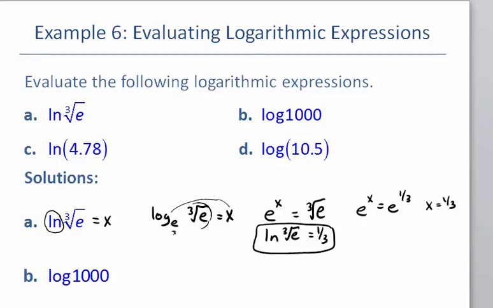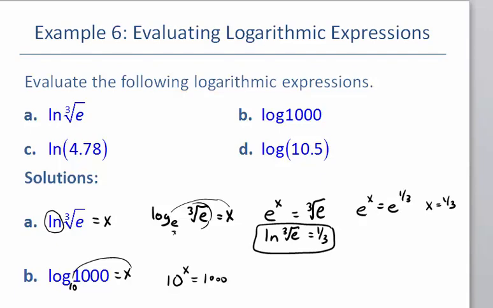Okay? All right, so let's look at part B. Part B says log of 1,000. So remember that this is a log base 10 because there's nothing there. And we're going to set it equal to x. We are going to put it in exponential form. So we're going to start with the base of 10, raise it to the x power, and set it equal to 1,000.